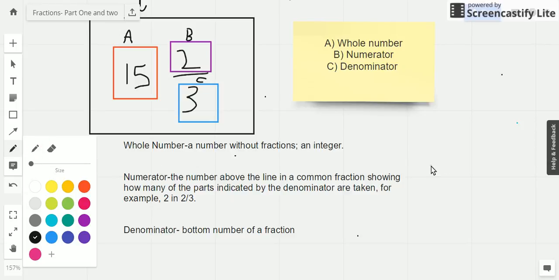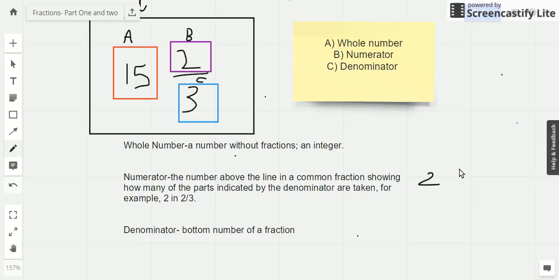To us it would look like 2 and 2/3, or sometimes people just write it like 2/3. The basic common sign that we use in fractions is a line, with the numerator on top and the denominator on the bottom.